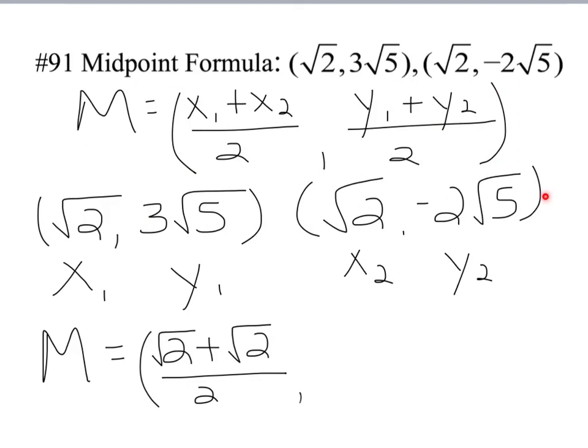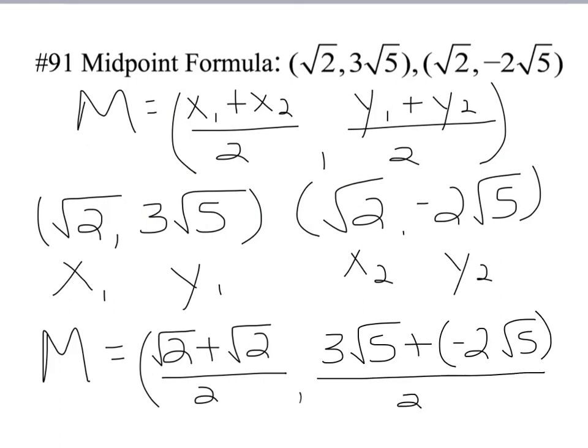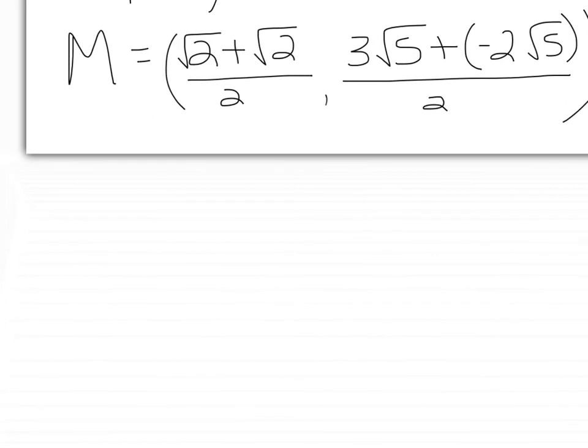So y1 is 3 square roots of 5 plus y2 is negative 2 square roots of 5, all over 2. Okay, talking about our x-coordinate here, the square root of 2 plus the square root of 2, they are like terms, and when you're adding radicals, they have to be like terms.